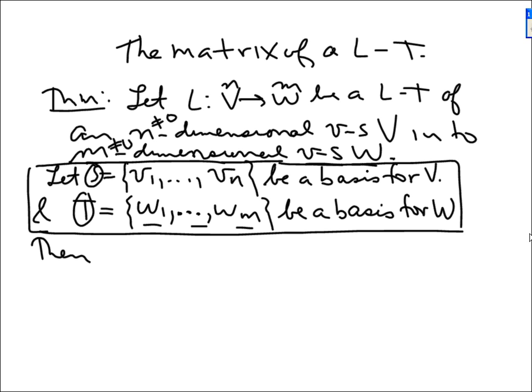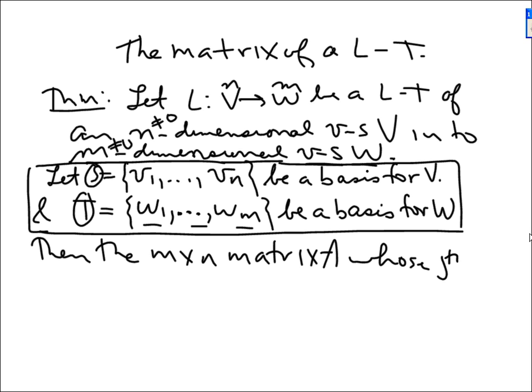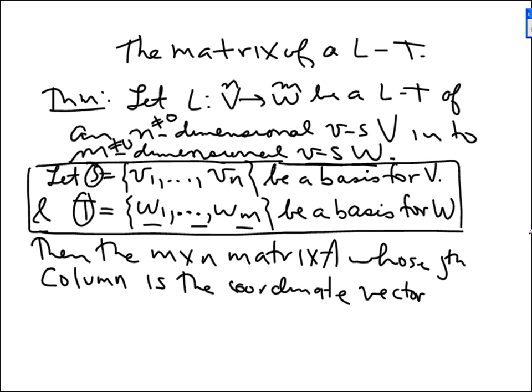Now it says, then the M by N matrix A, whose jth column, so I'm describing the jth column of A, whose jth column is the coordinate vector of L of Vj, okay, let me state it, with respect to the basis T.